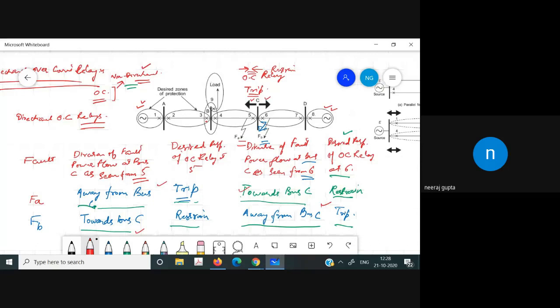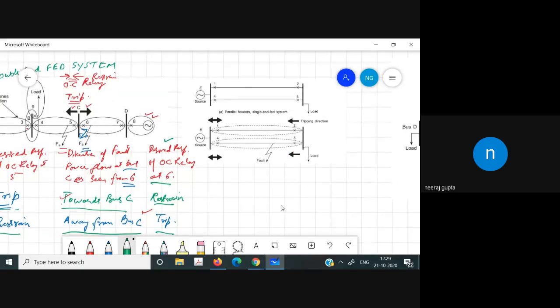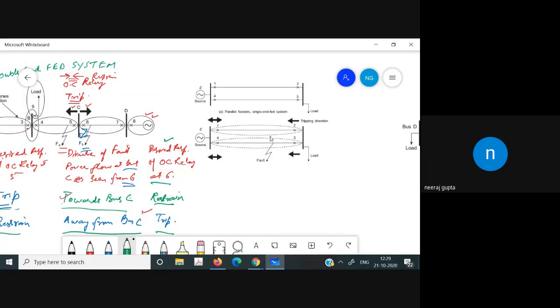So the question may arise, or anyone can ask, where the directional relays are used and why they are used. So you must know the answer for that. Now, other situations where the directional relays are used, we can also discuss.